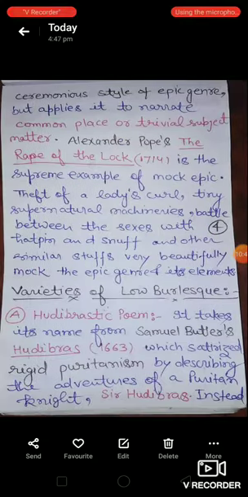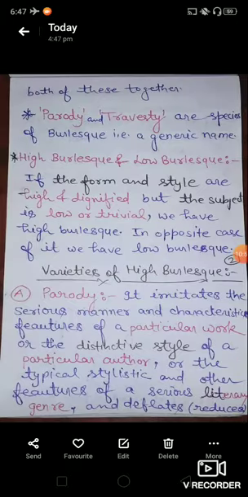Now let's know what this high burlesque and low burlesque are. What are these terms? If the form and style are high and dignified, mind it, if the form and style are high and dignified, but the subject is low or trivial.